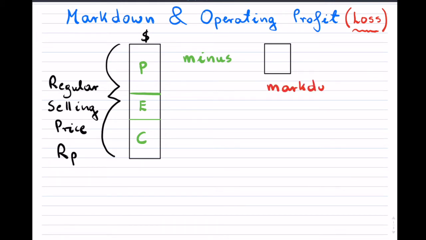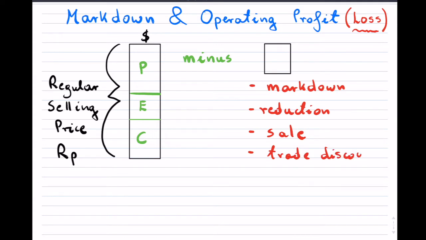So markdown is nothing else but simply a reduction in price. You can call it a markdown, a reduction, a sale, and sometimes you may even call it a trade discount, depending if it's between different companies.